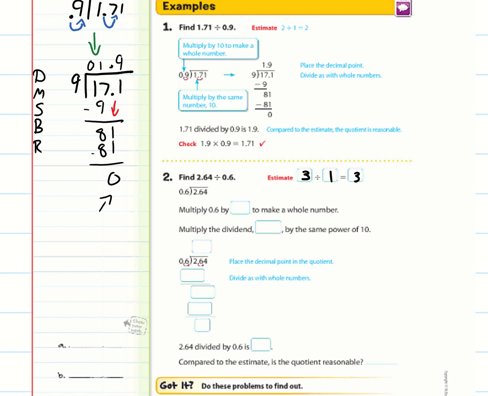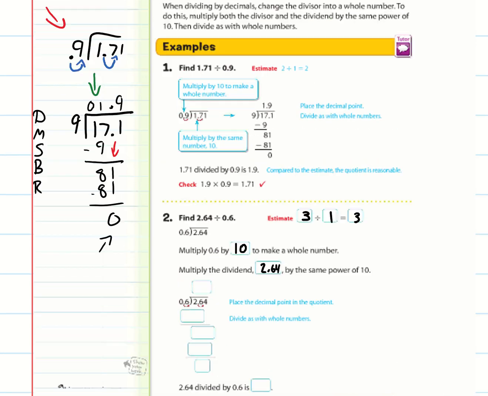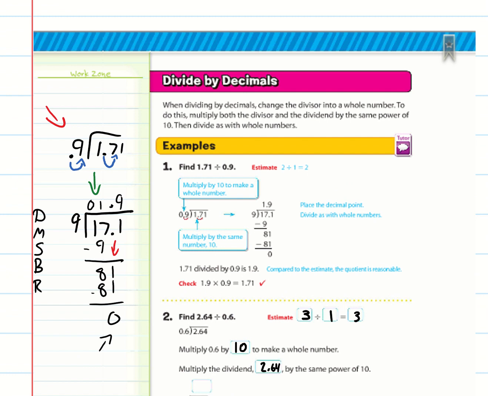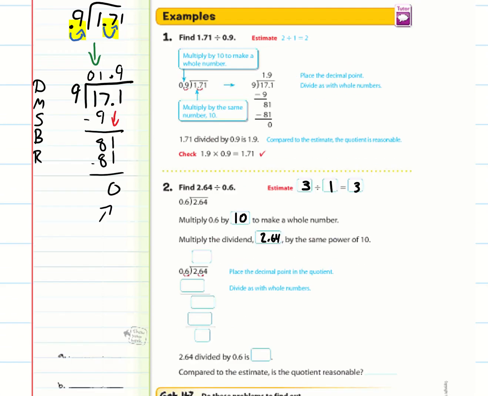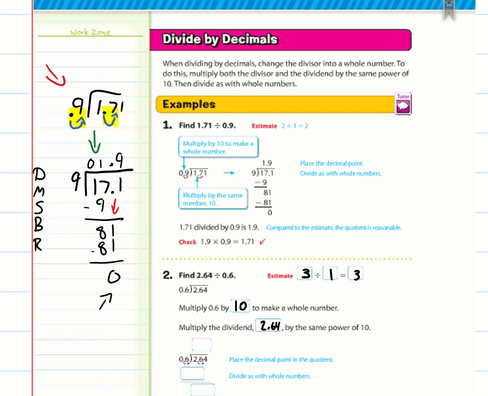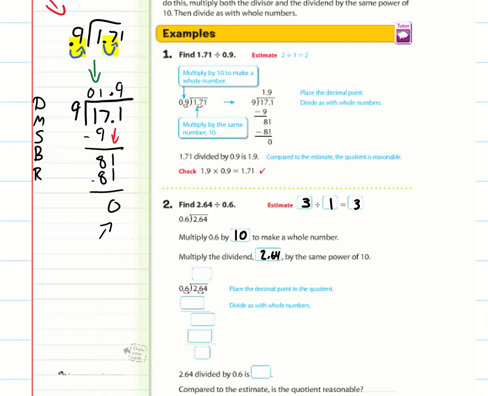We have to multiply 6/10 by 10 to make a whole number. So now we have to multiply the dividend, 2 and 64 hundredths, by the same power of 10. The good news is, what we did back in example 1, moving the decimal place to make the number bigger, that's equivalent to multiplying it by 10. So we actually did it in example 1, but we just didn't show it.